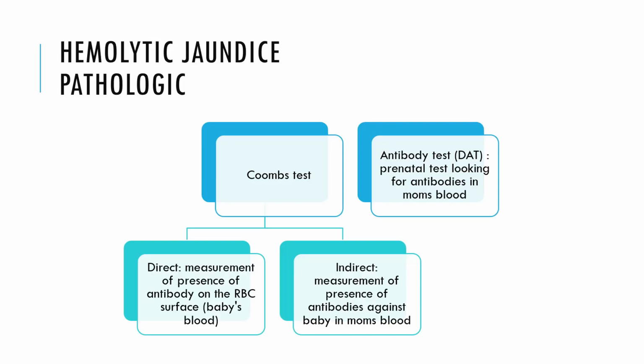But I just wanted to put in this antibody test or a DAT test, direct antibody test. So you will hear it called DAT or antibody test, like people use those terms interchangeably, which is probably why all of medicine is confusing, because there's always two names for the same thing. But this is a prenatal test that they do for moms, looking for antibodies in mom's blood against different blood types other than the one she is.